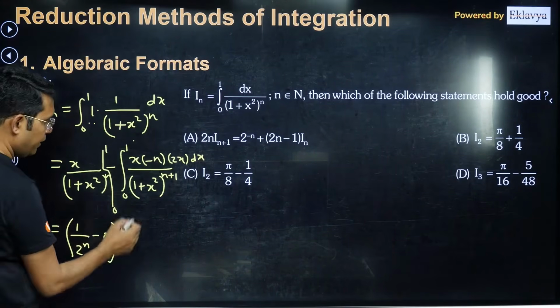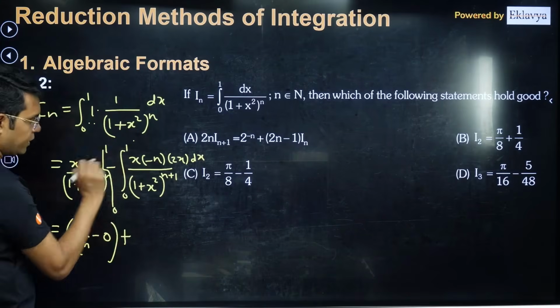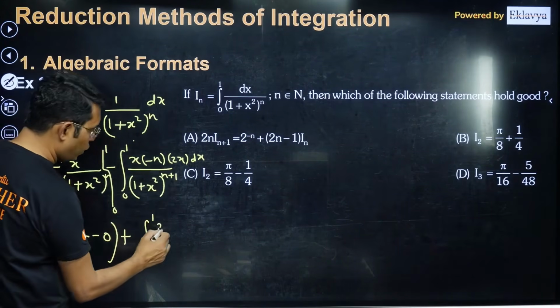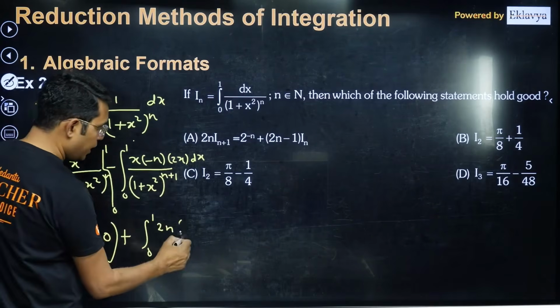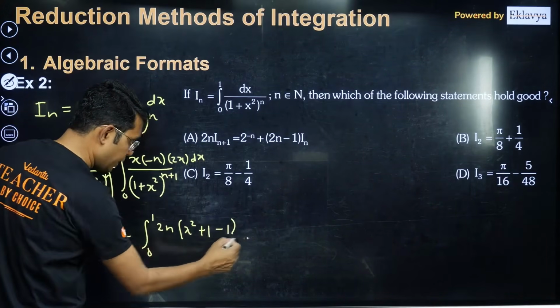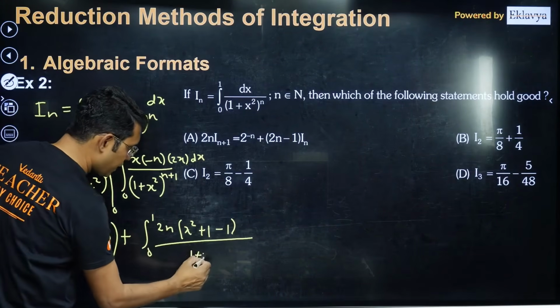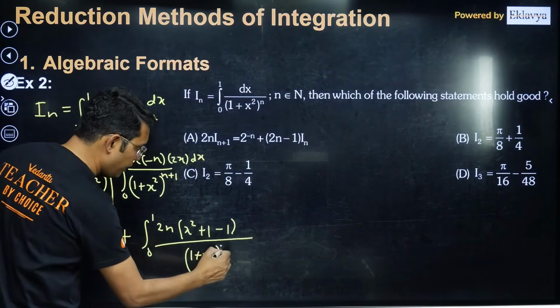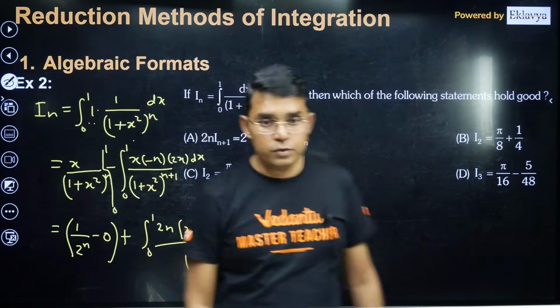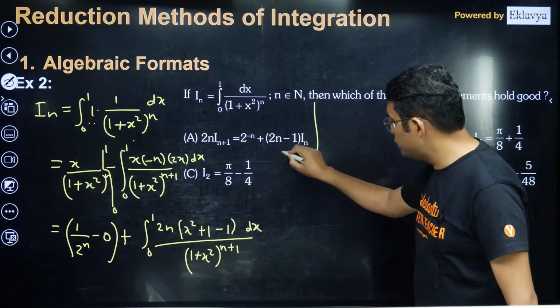Okay, and then this can be written as minus minus plus integral from 0 to 1. I will write 2n common, and then x square we will be writing as x square plus 1 minus 1, upon (1 plus x square) whole raised to the power n plus 1 dx. Okay, now let me solve this question here. Let me use this space.